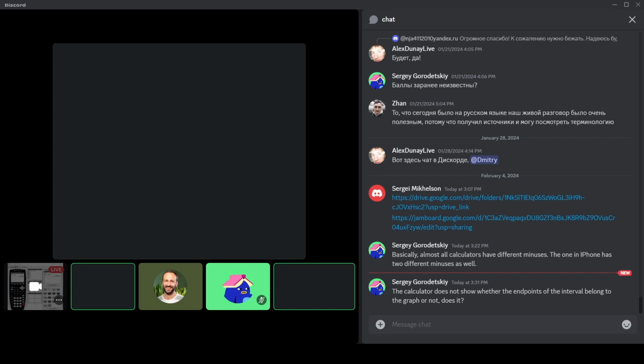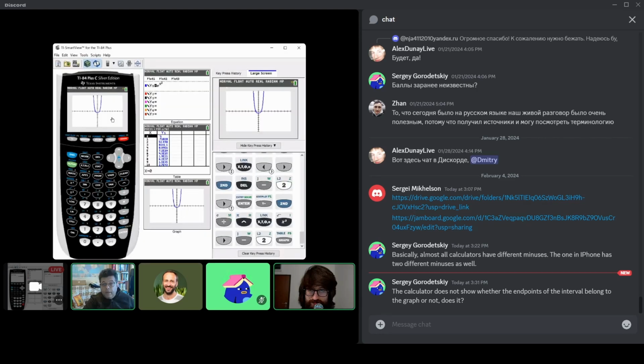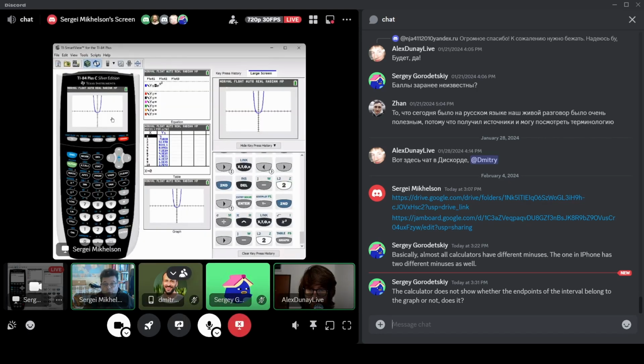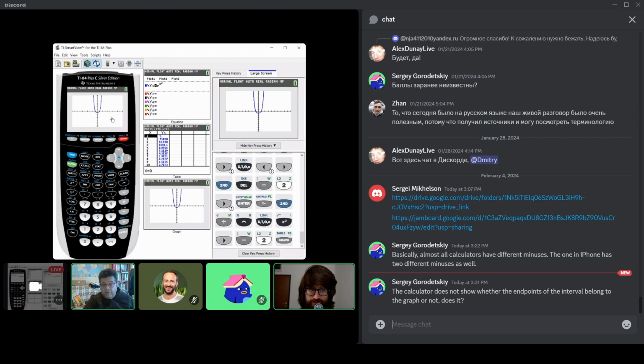So if we look at this function, then we can see that actually it's not totally above the x-axis from 0 to 2. It's actually below and above.